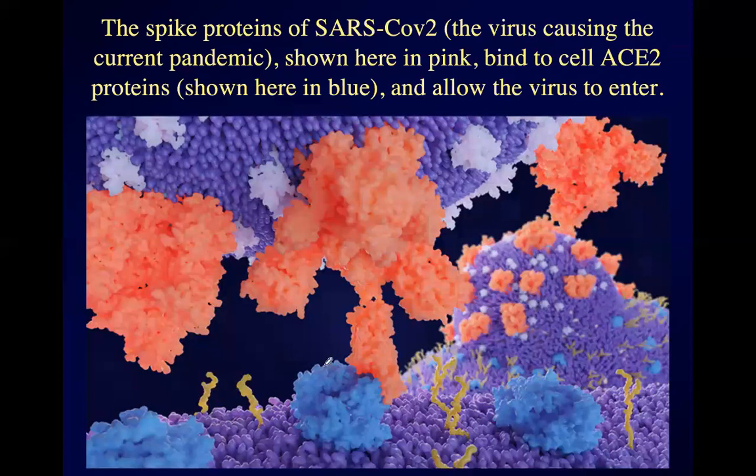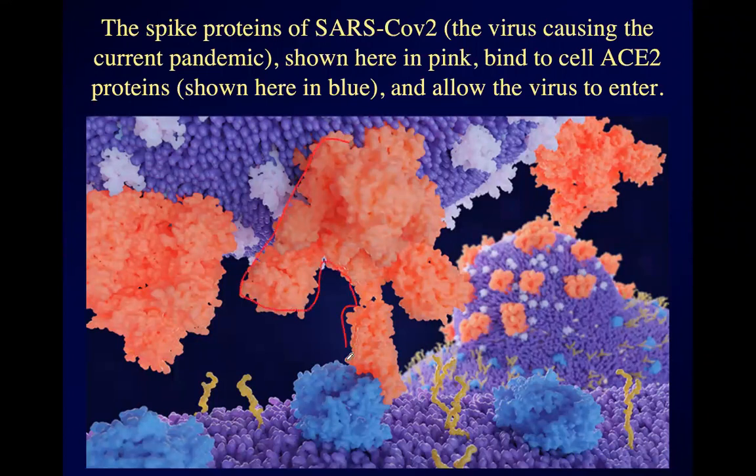The reason that matters is that the spike proteins of the COVID virus, SARS-CoV-2, are shown in pink. This thing up here at the top is a COVID virus. And these pink things right there, those are the spike proteins.